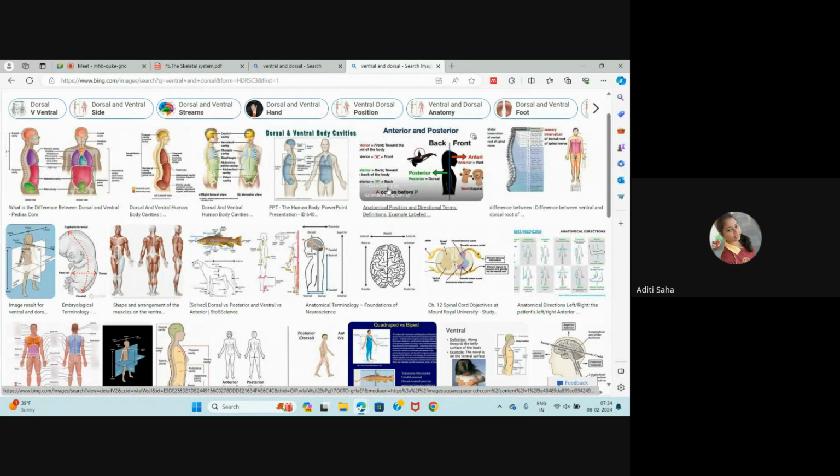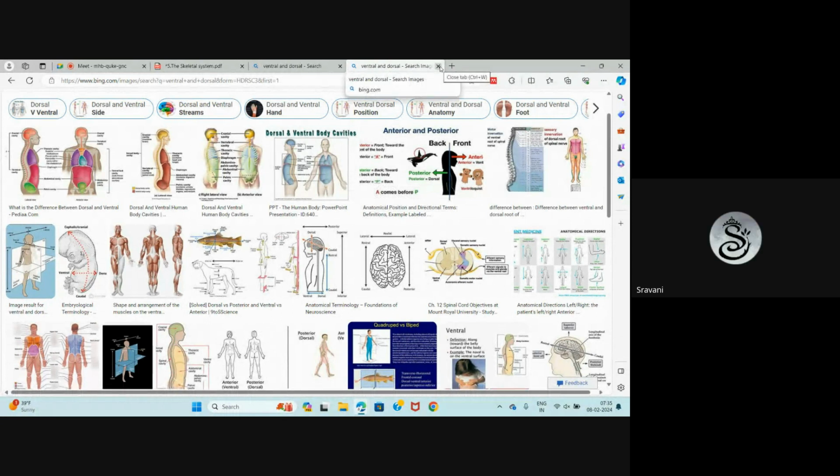So the back side is dorsal, and the total belly portion or chest portion is ventral. So understand ventral and dorsal as soft and hard. Ventral is soft, dorsal is hard. Okay, got the concept of ventral and dorsal?